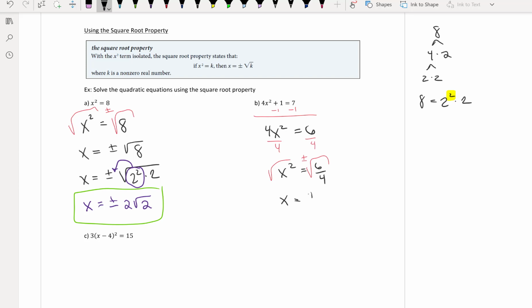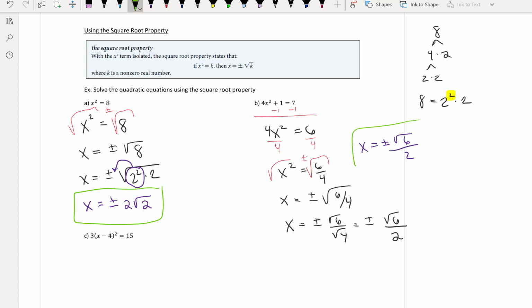So x is equal to plus or minus the square root of 6/4, which is plus or minus the square root of 6 over the square root of 4, and the square root of 4 is 2. So my final answer is x is equal to plus or minus the square root of 6 over 2. So that is what I get as my final answer.